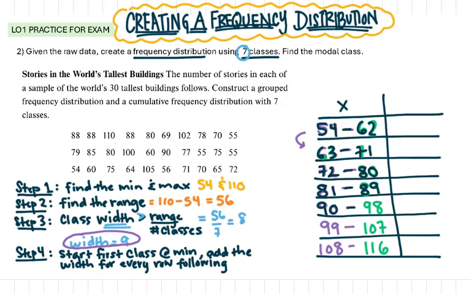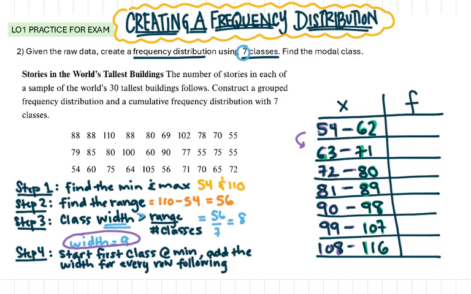Okay, so we've got our rows, and now we can start counting the frequencies. How many of each score can be found in each category? So I'll get started. I probably will just do a few and then fill in the rest.